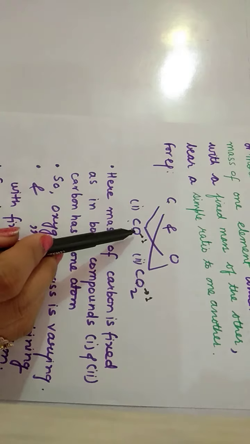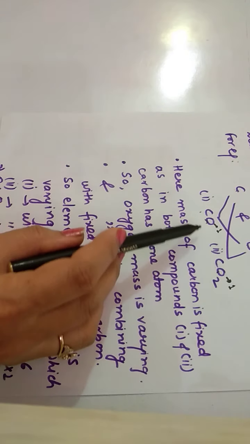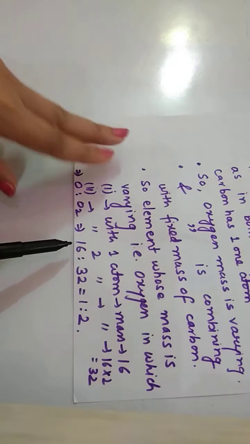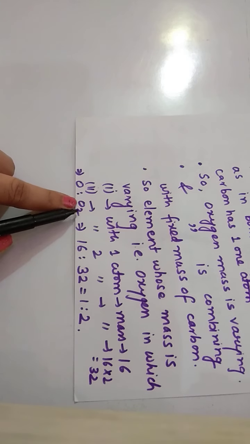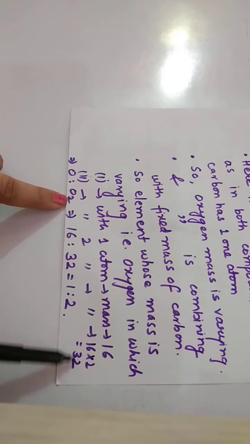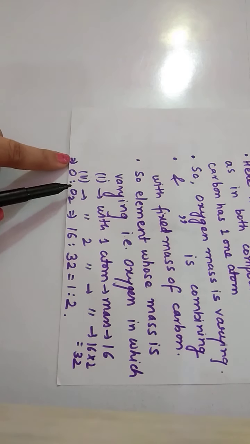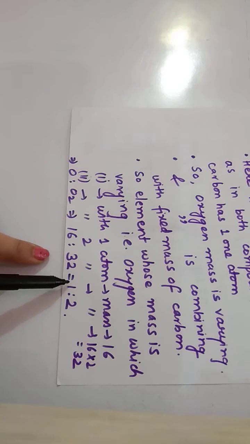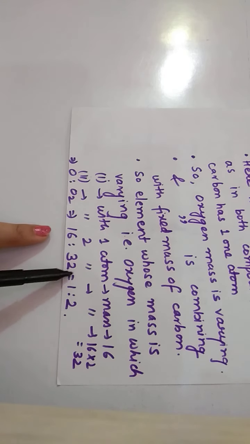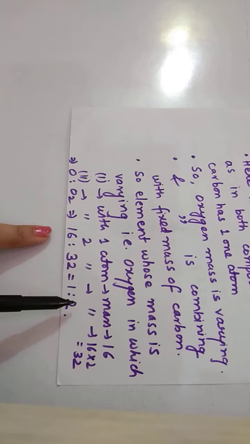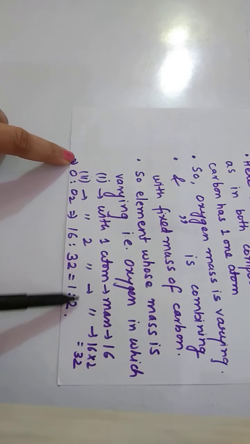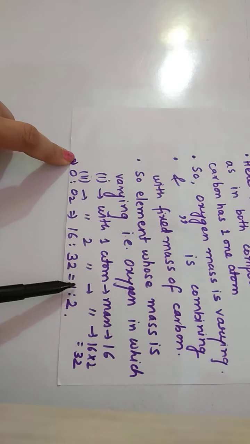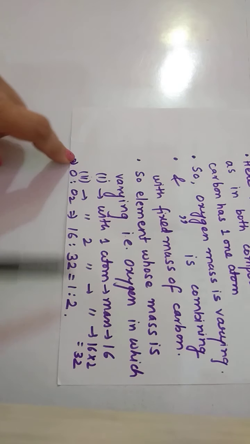In the first one we have only one oxygen atom, so the mass is 16, but for two it is 2 into 16, so it is 32. On taking the ratio, 16 is to 32 equals 1 is to 2. So this is a simple whole number ratio. The element whose mass is varying bears a simple whole number ratio to one another. This is what this law illustrates.